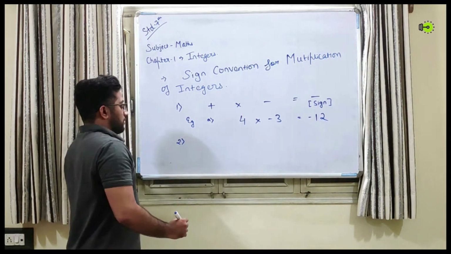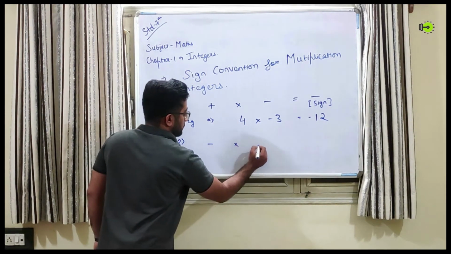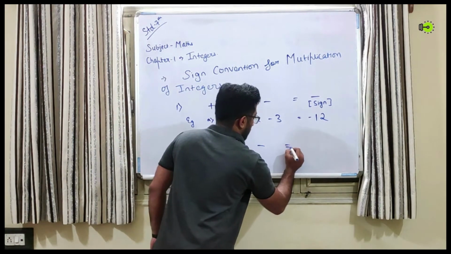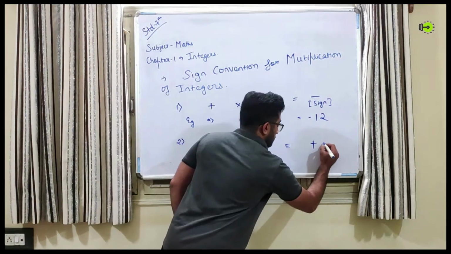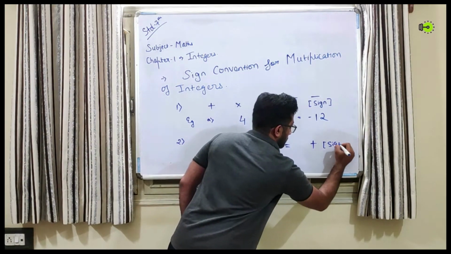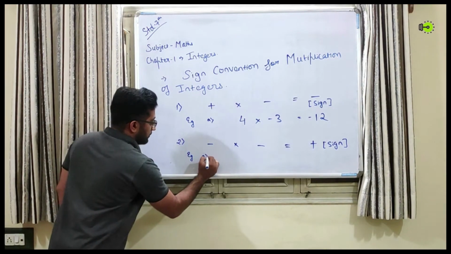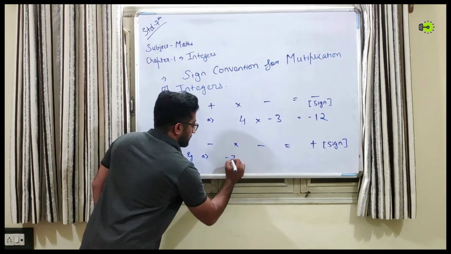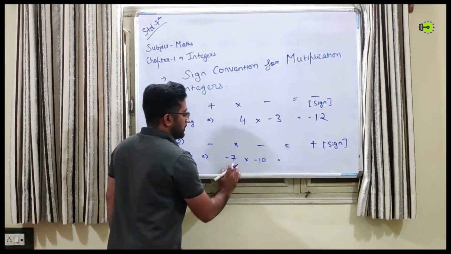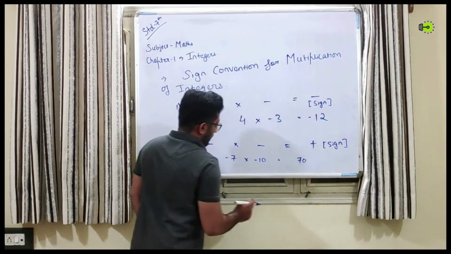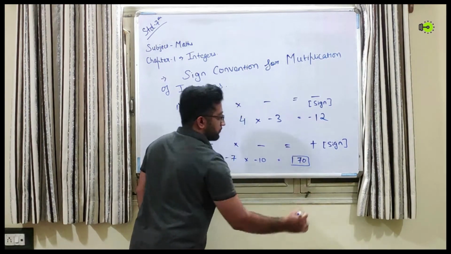Now let us understand the second rule. If there are two negative integers in multiplication, what will be our answer? Our answer will be simple, that is plus. Let us understand the same with an example. If there is minus 7 multiplied by minus 10, the answer will be 7 into 10, that is 70, and minus into minus gives the sign plus, so we will not put any sign here.